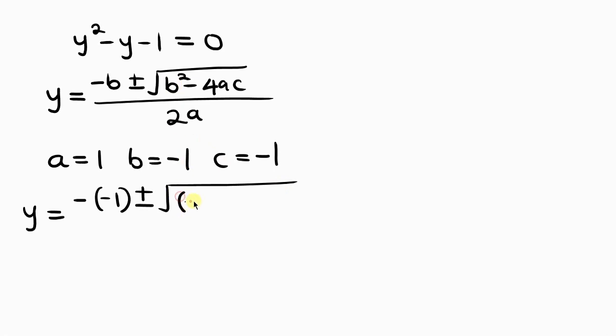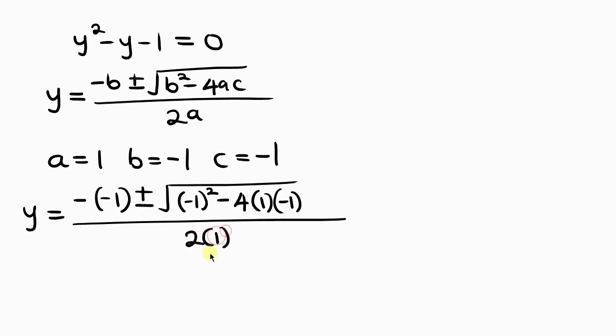B is negative 1, so negative 1 squared minus 4 times a times c. 4 times a is 1, times c is negative 1, all over 2 times a, which is 2 times 1.